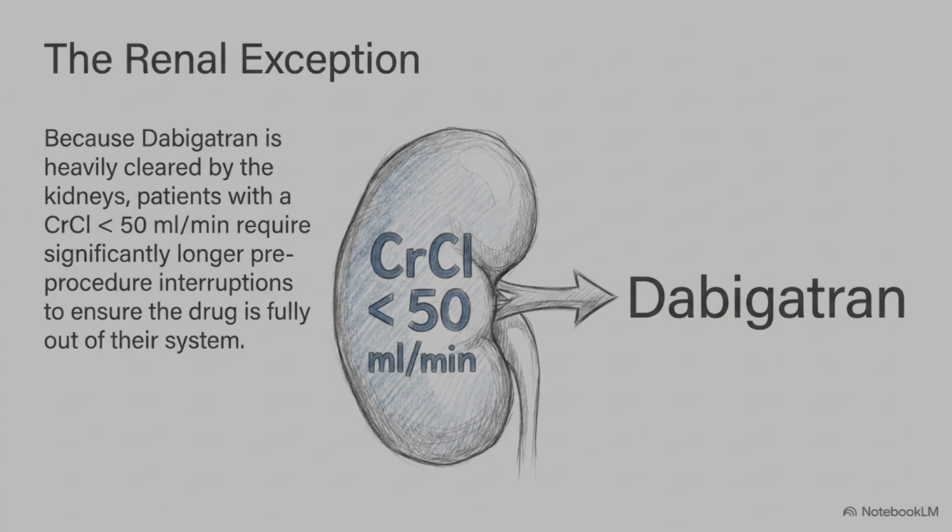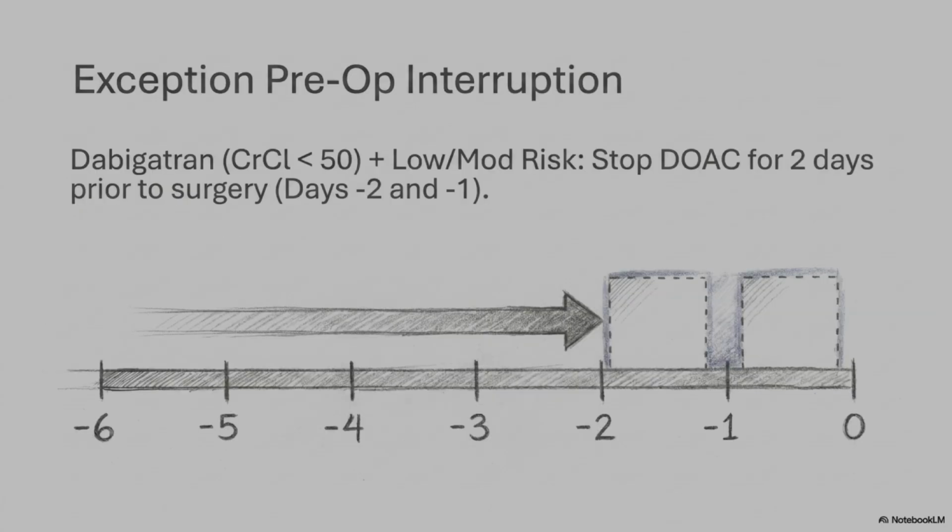I want you to keep in mind whenever you have a patient on dabigatran, before you do anything, check the creatinine clearance. If the creatinine clearance is less than 50, you may have to dose that patient differently. In this case, with dabigatran and a creatinine clearance less than 50, you have to increase the number of days of treatment hold. For low to moderate risk procedures, at least 2 days.